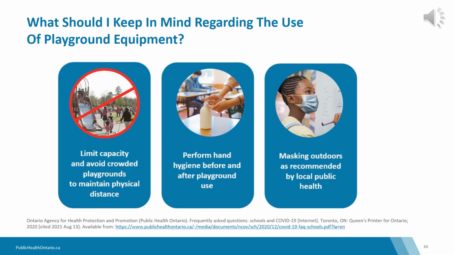On the playground, important protective measures to prevent the transmission of COVID-19 include limiting the capacity and avoiding crowded playgrounds, and cleaning your hands before and after using playground equipment with alcohol-based hand rub or soap and water. Wearing a mask outdoors should follow local public health guidance and can be considered when physical distancing is not possible.